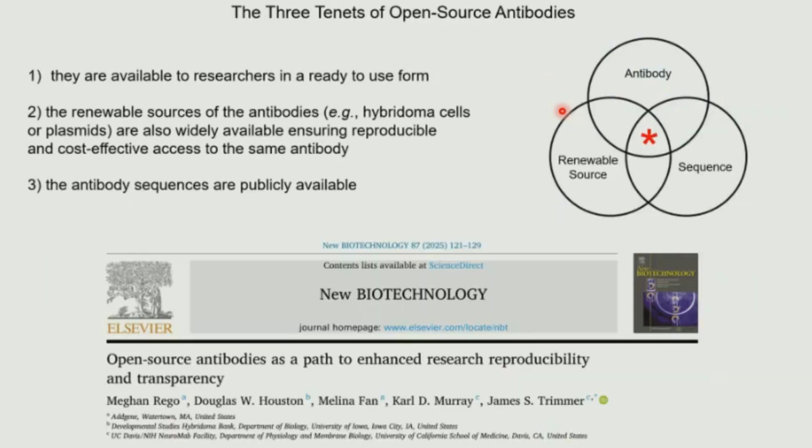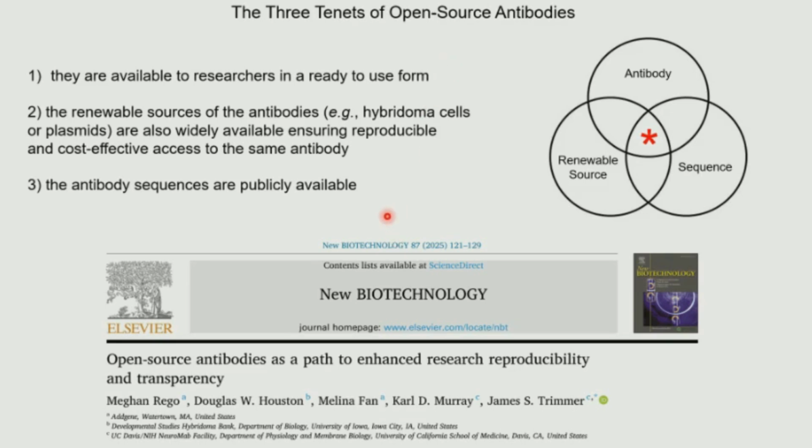And this combination really got me thinking about these in terms of open source antibodies and what the tenets are, and that we really need to make the antibody available in a ready-to-use form because not everybody is willing or able to produce them themselves. We've QC'd them already, and it also serves as a standard. Even if they do decide to produce them, they know they can compare their own production runs to what is available from us.